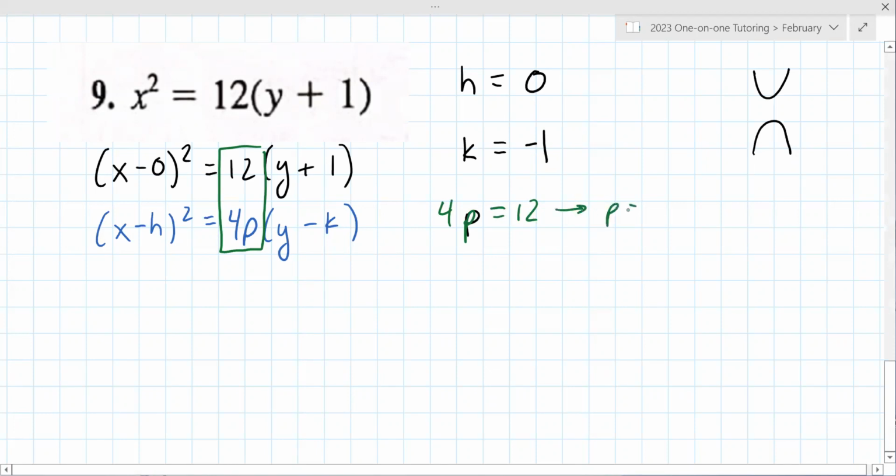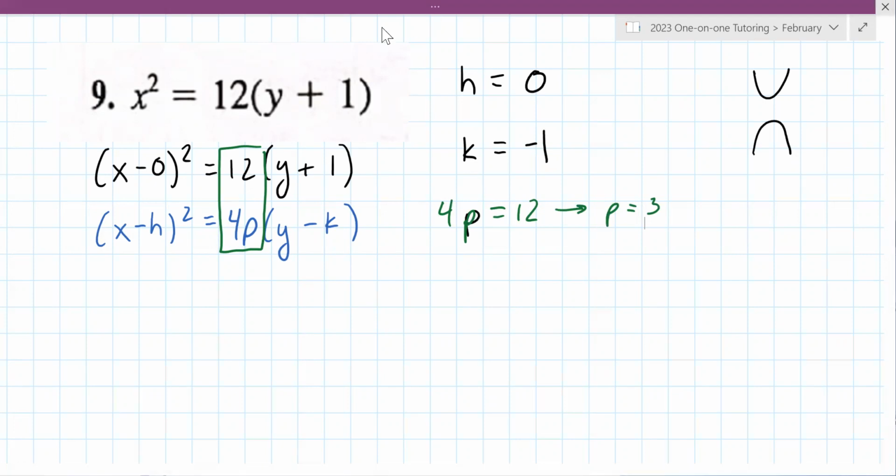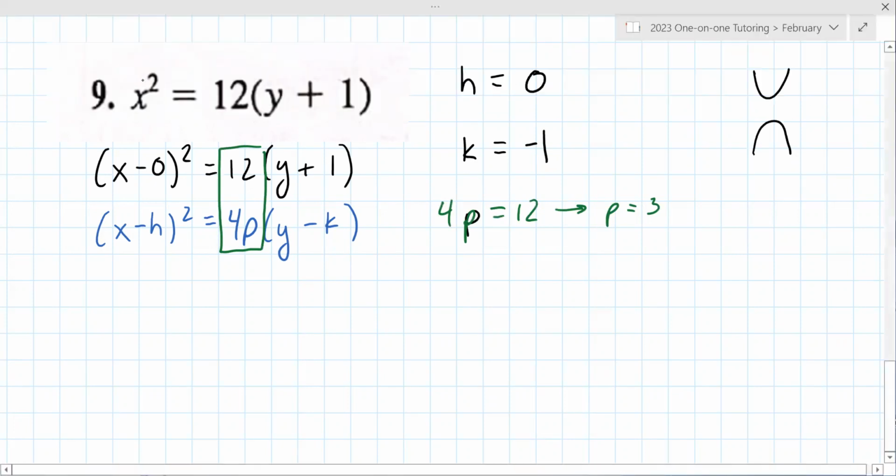And that tells you that this thing opens up because it's positive. But you probably already knew that because if you solve for y, you would get x squared over 12 minus 1, and the number in front of x squared is positive. So if you want to reuse some of those rules, they still work.